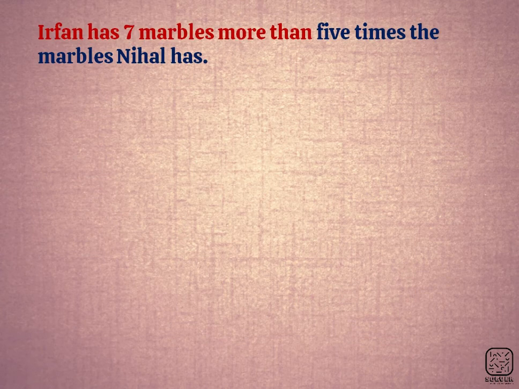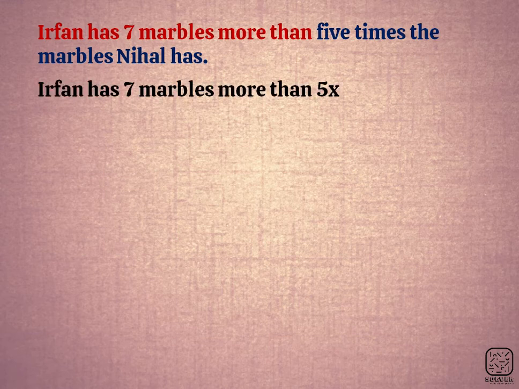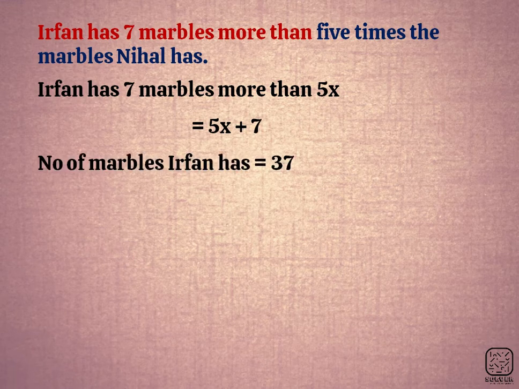Now we need to solve the first part. Irfan has 7 marbles more than 5 times the marbles Nihal has. We already found the value of 5 times the marbles Nihal has as 5x. So Irfan has 7 marbles more than 5x. That is 5x plus 7. Number of marbles Irfan has is equal to 37.